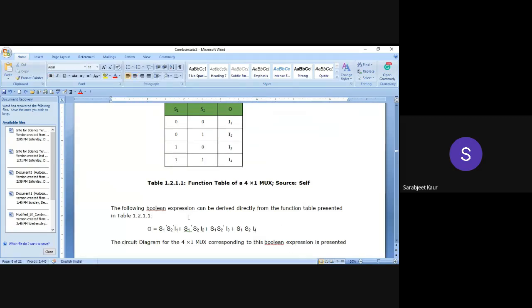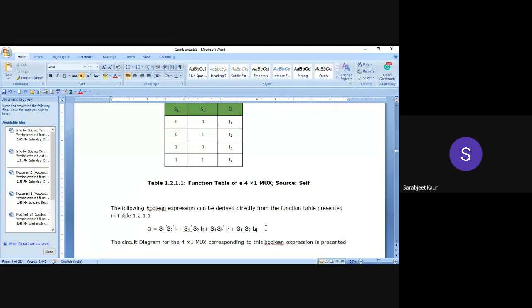Okay. If any of these conditions is true, then the output is true. Is this clear? Yes, ma'am. This is how we can express the output variable in the form of this Boolean expression.